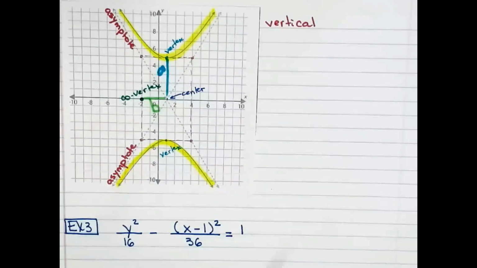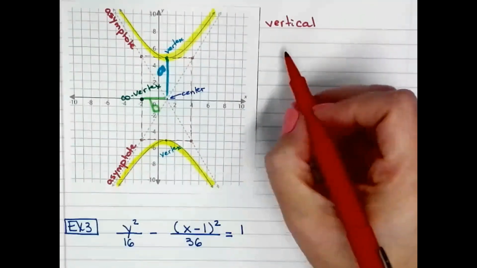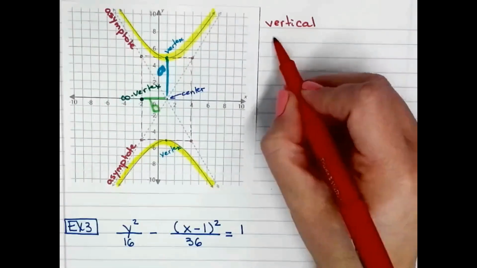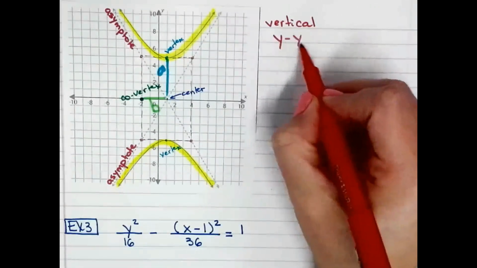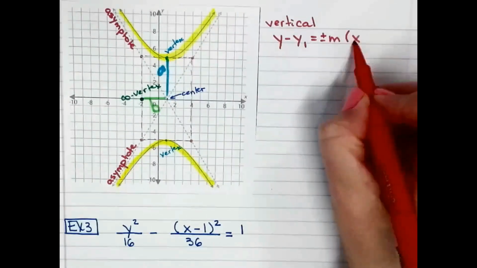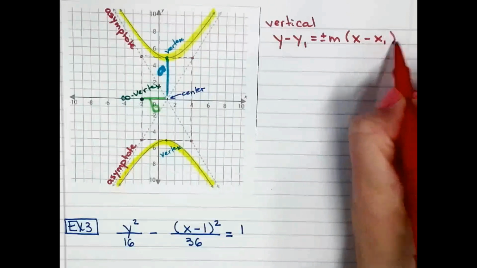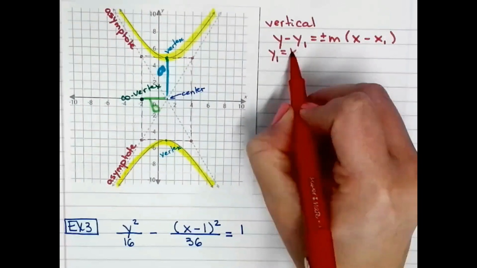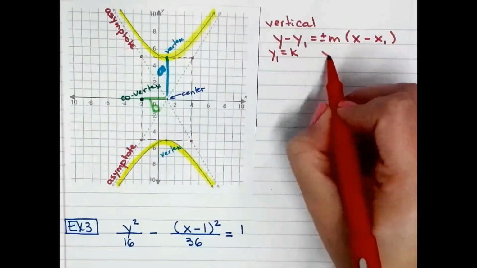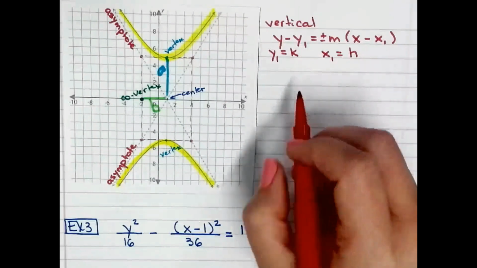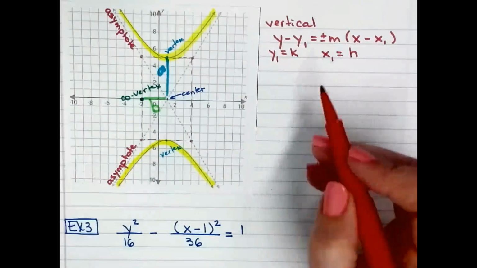Okay. So now we know the formula for the point slope form is y minus y1 equals plus or minus m times x minus x1. And we will use k for y1 and h for x1. Okay, so here is everything I have.